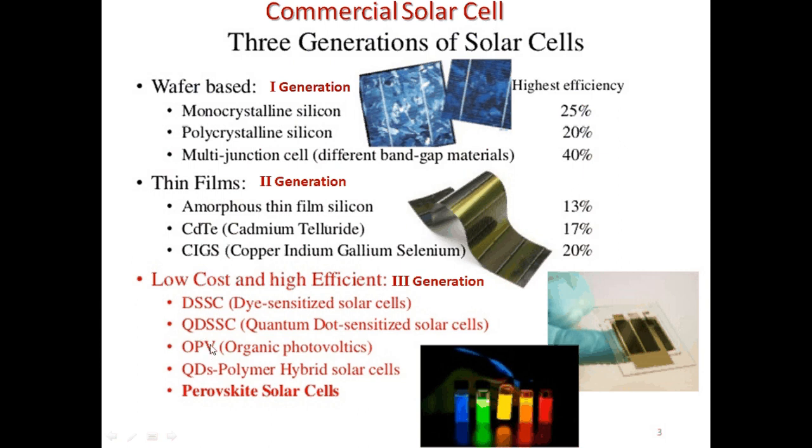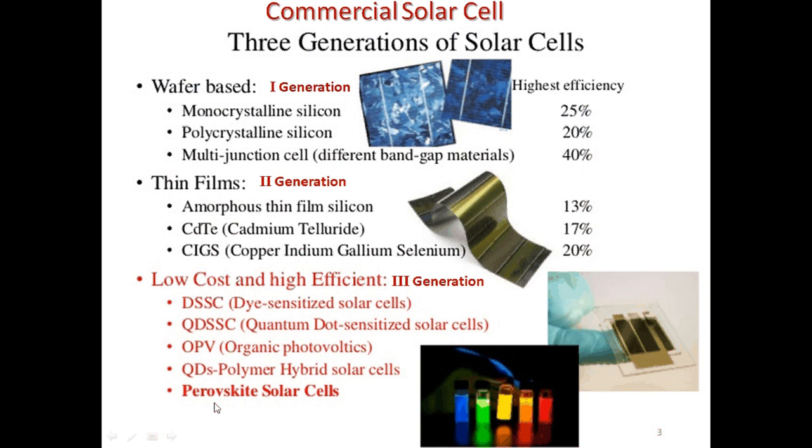We'll come to that. Then we have organic photovoltaics, which are based on polymers. Since polymer material is very cheap, this can give us a very cheap alternative to produce electricity from solar energy. Similarly, there are other solar cells based on polymers.